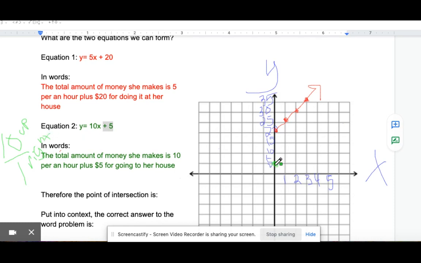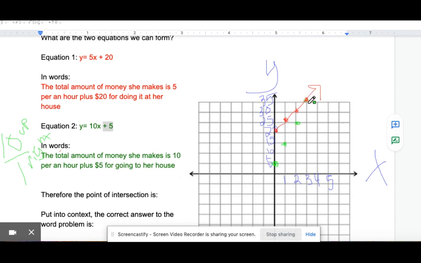So from this 5, I need to go up 10, and up 10 from 5 would be 15. Because remember, each tick mark there is worth 5, so 5, 10 takes me to 15. And then right 1. Then I have to go up 10 again, which is 2 tick marks, and then right 1. And then I go up 10 again, which is 2 tick marks, and then right 1.